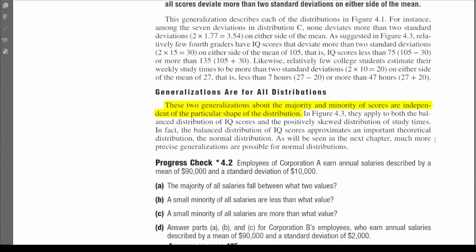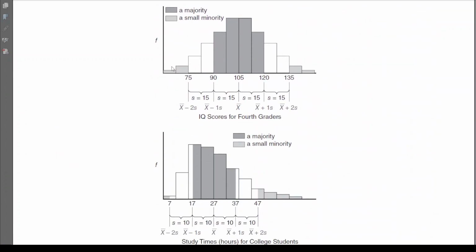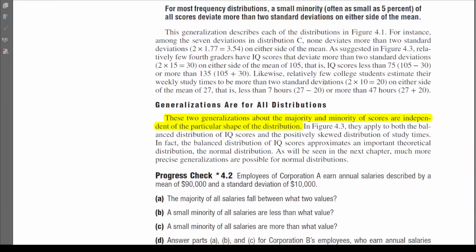These two generalizations about the majority and minority of scores are independent of the particular shape of the distribution. As we saw in these figures, these two distributions have very different shapes. Still, this generalization about the majority of the scores being within one standard deviation of the mean, and a minority of the scores, that is, less than 5% of the scores, being greater than two standard deviations away from the mean, holds for both distributions, irrespective of their shape.